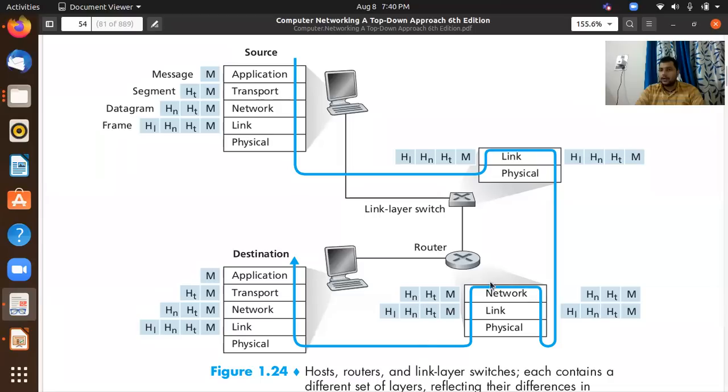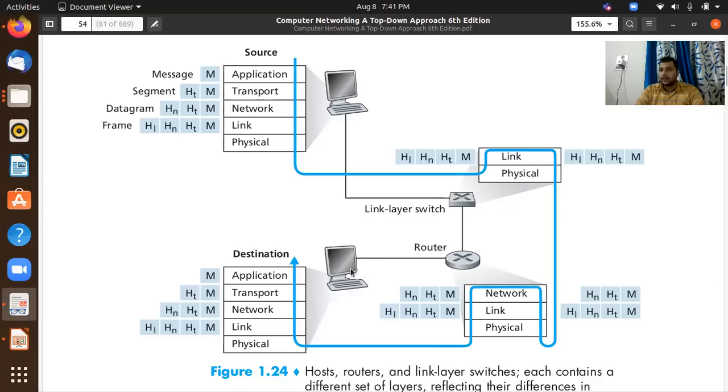After finding it, it knows that the destination is directly connected, so it can pass it on directly. Once again it will recreate the header, create the frame again, and pass it on to the physical layer. Then the physical layer will pass the bits as electromagnetic signals.